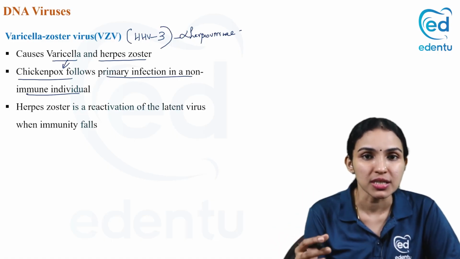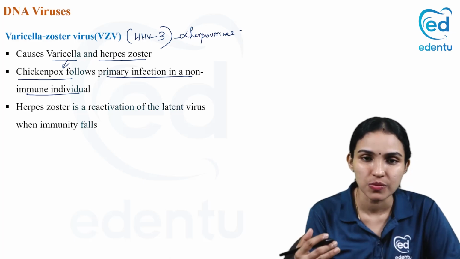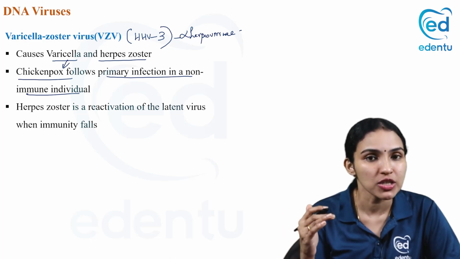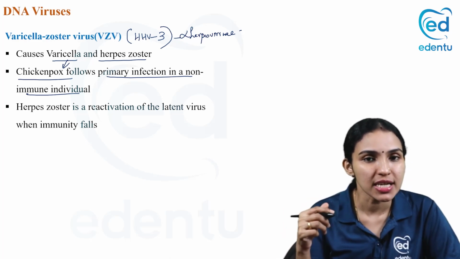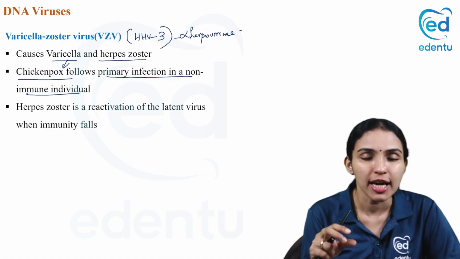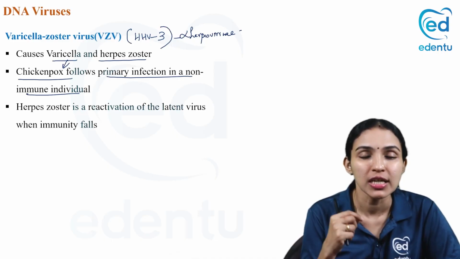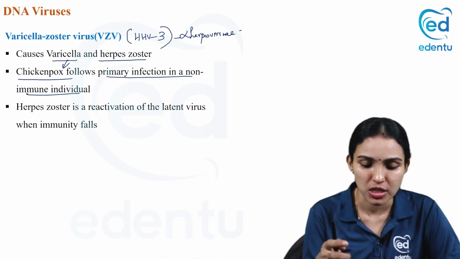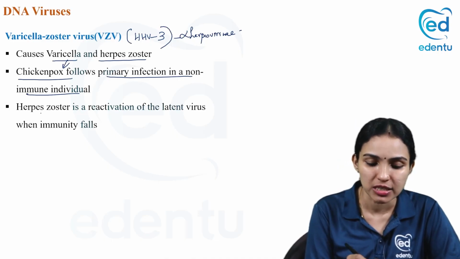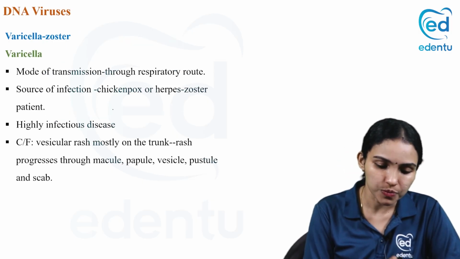But this virus will remain latent in the nerve ganglia because this is a herpes virus. At a later point, when the patient's immunity falls, the virus can get reactivated. It will go back to the distribution of the nerve and produce localized vesicular lesions in that nerve distribution, and that is called herpes zoster. So zoster is actually a reactivation disease of herpes virus because of the latency.